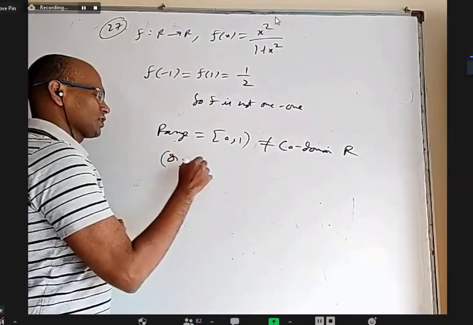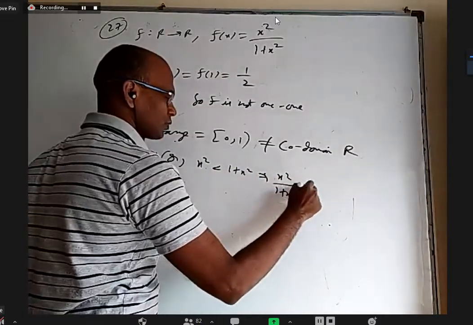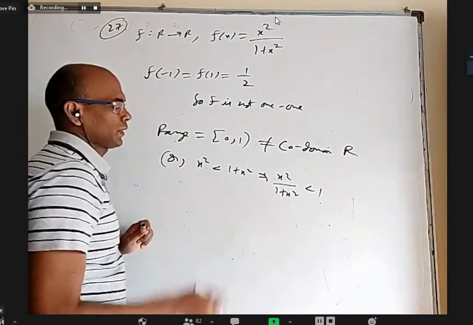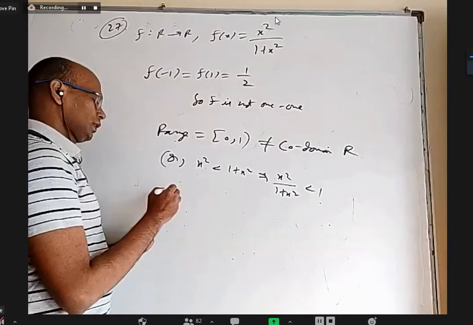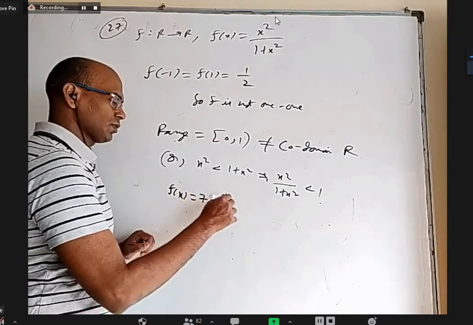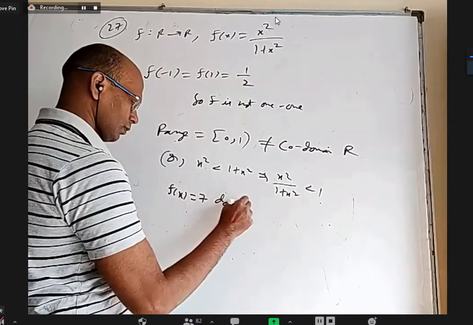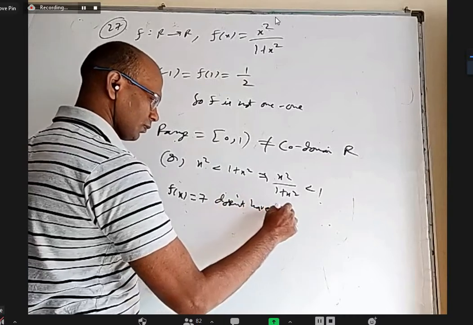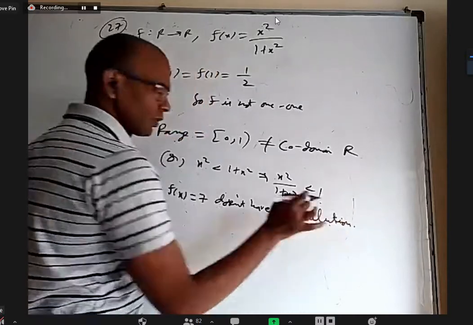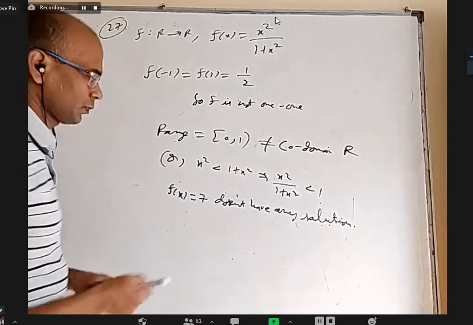Or you can say x square is obviously less than 1 plus x square, so x square by 1 plus x square is less than 1. The exact range, let us not worry about. This is always less than 1. So f of x equal to, for example, 7 doesn't have any solution. If I can show any number in the codomain which doesn't have a pre-image, I have proved it is not onto.